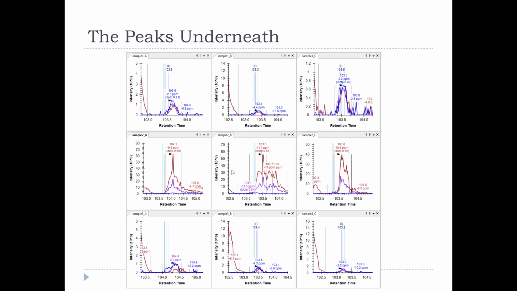Okay, so this is the information that Skyline gives us. This is again extracting from MS1. The blue is the monoisotopic, the purple is the +1, and the brown is the +2, right? And so we see that there's an ID.